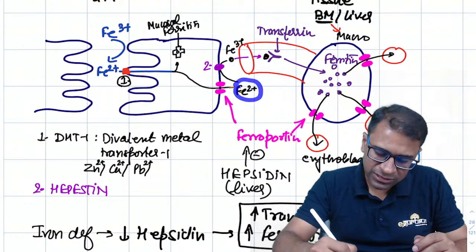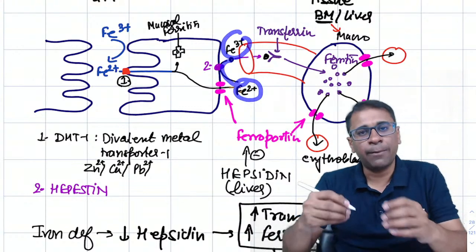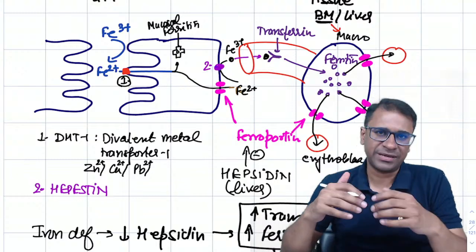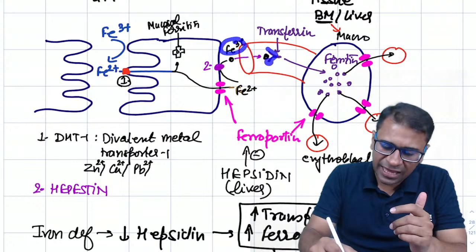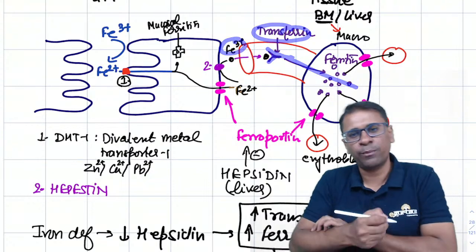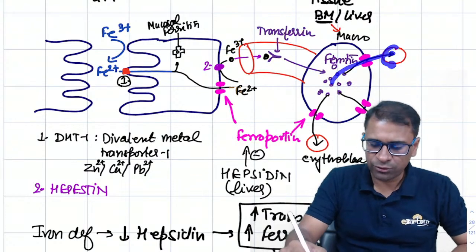This Fe2+ is again oxidized to Fe3+ by this unique protein called hephaestin. After getting oxidized, the Fe3+ is captured by transferrin, which brings it to the bone marrow, the tissue storehouse, and now it can be given to the erythroblast.